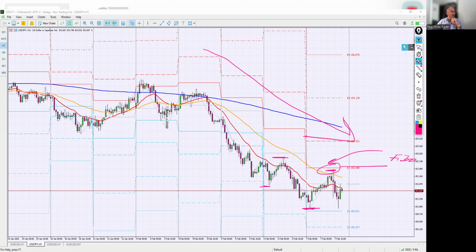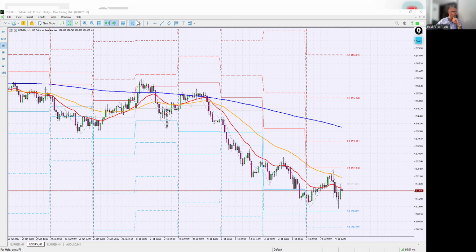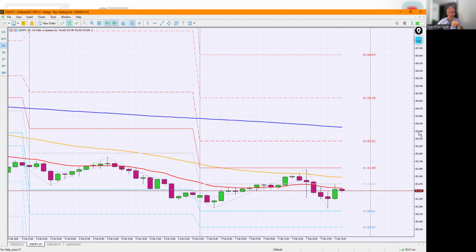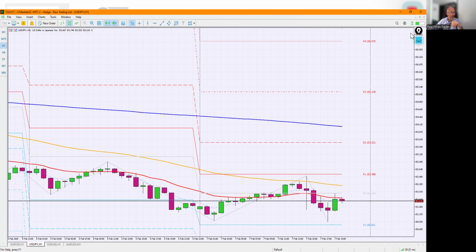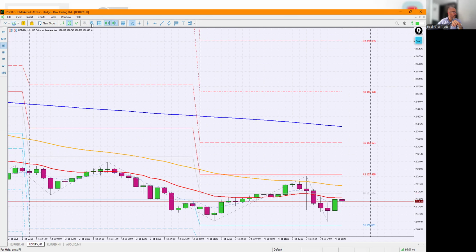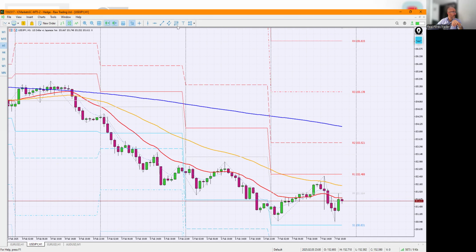So how do you take the Fibonacci? By clicking here on this icon on your tab, the one that reads draw Fibonacci retracement. Let me expand a little bit for you to have a better look at this. So you click on the tool and immediately the cursor changes.